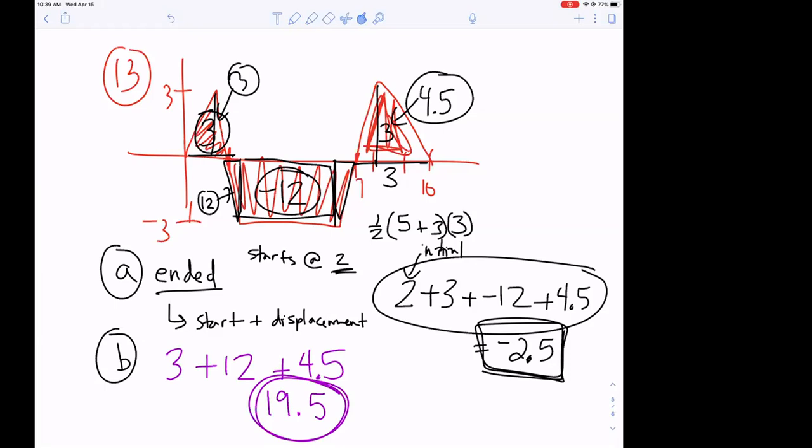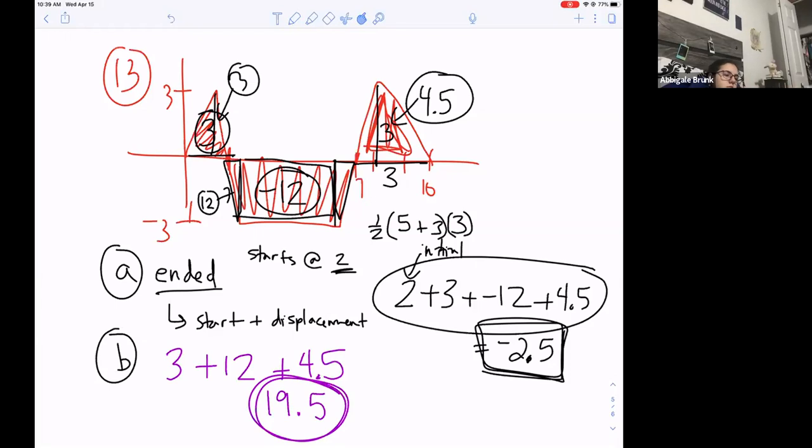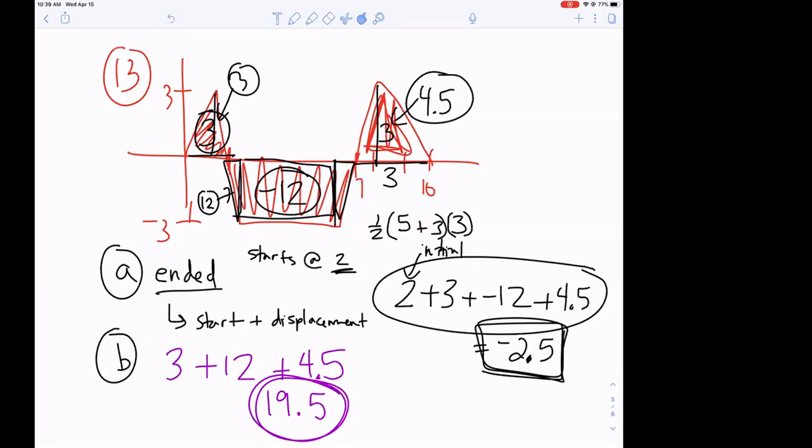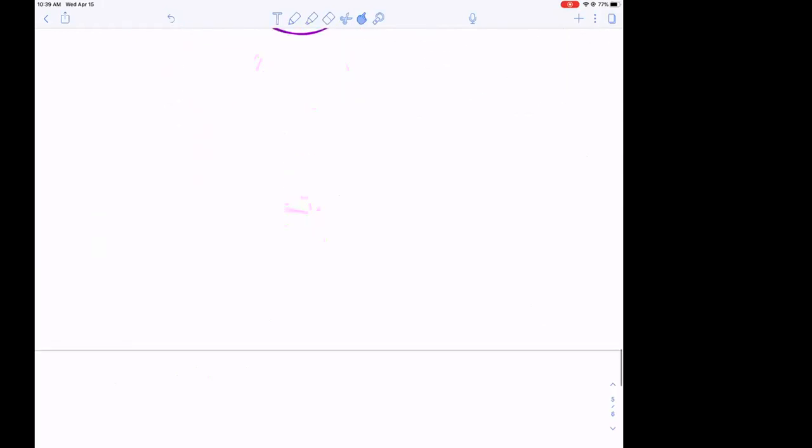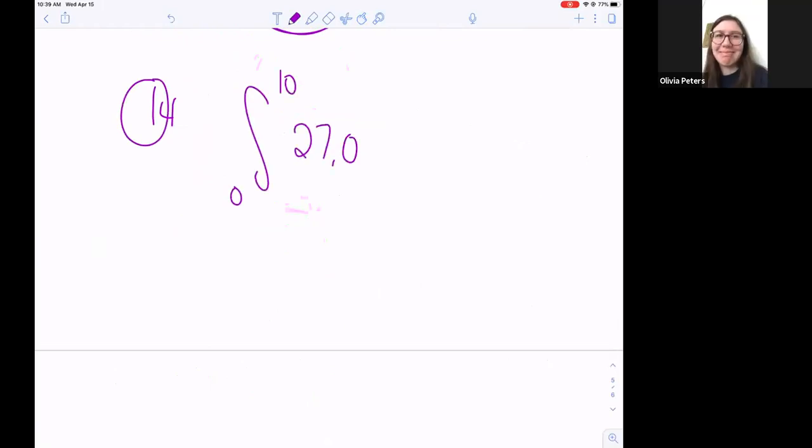I'm not going to do 14 and 15. Are you guys good that you would just nint those? Like 14, just nint from 0 to 10 of that function. Technically you can do that one by hand, because backwards you just have 25.